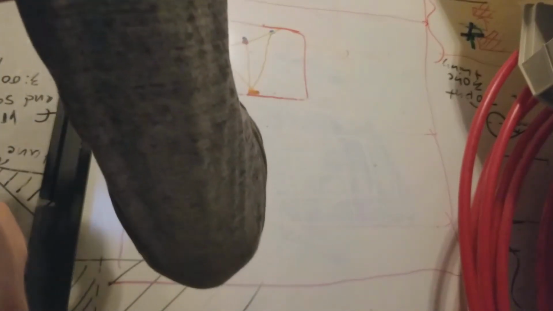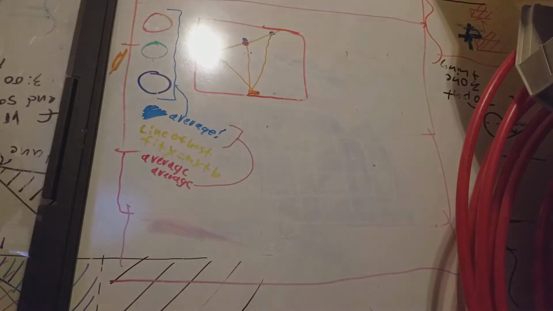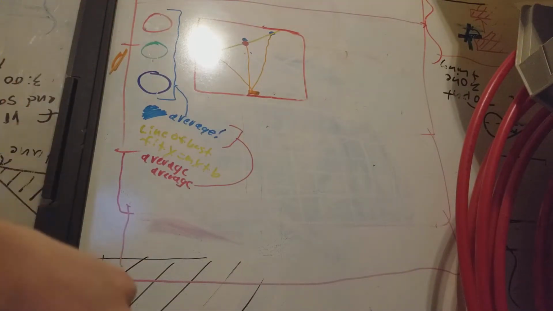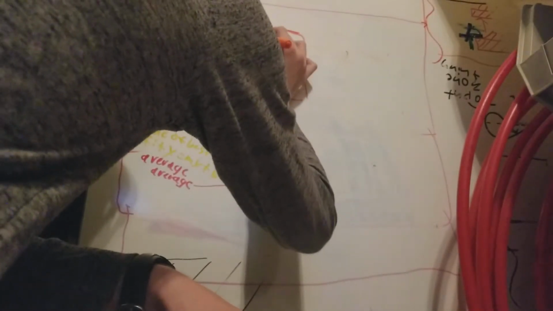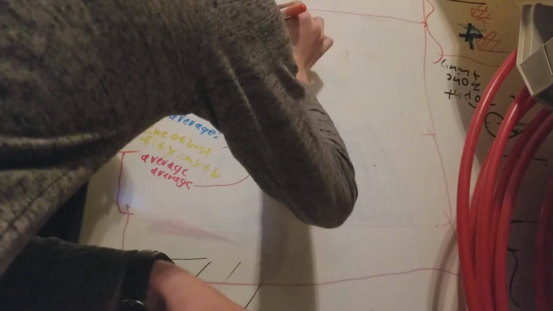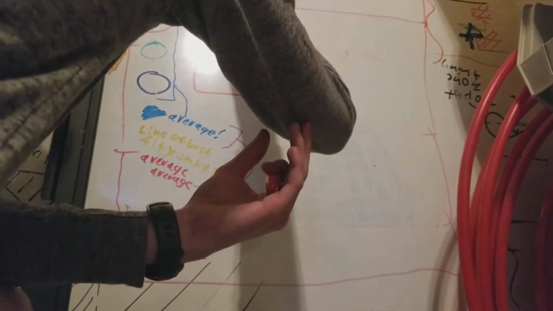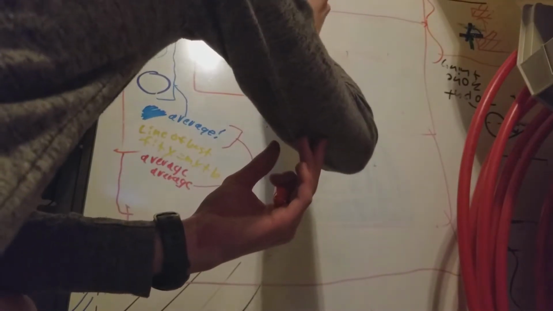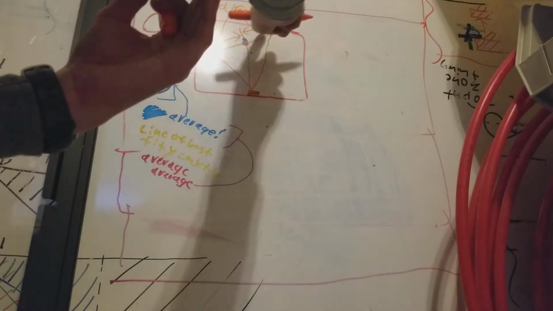Let me show you how to calculate this. If we have the distance between here, we will average that, the distances between here and here and here and here.